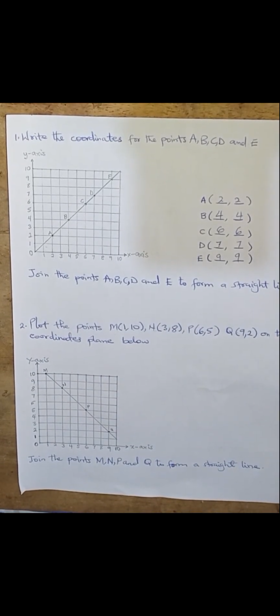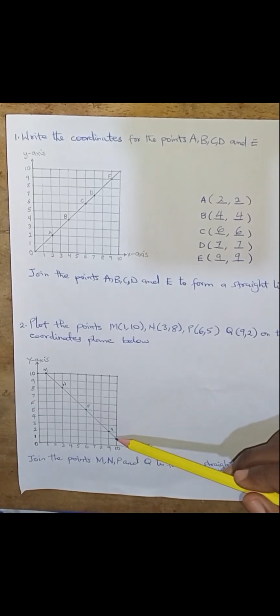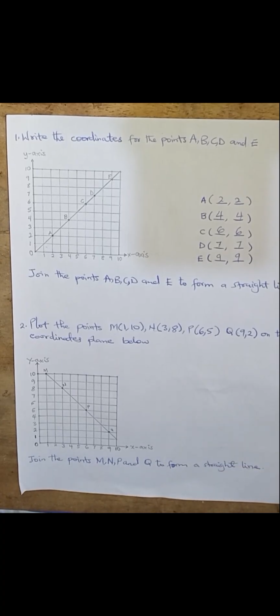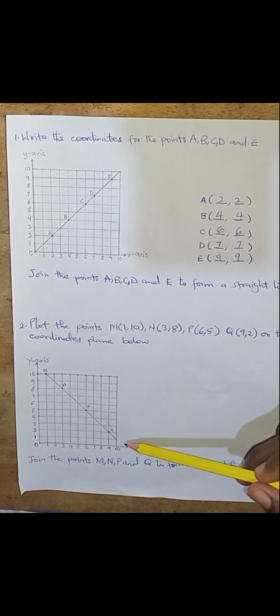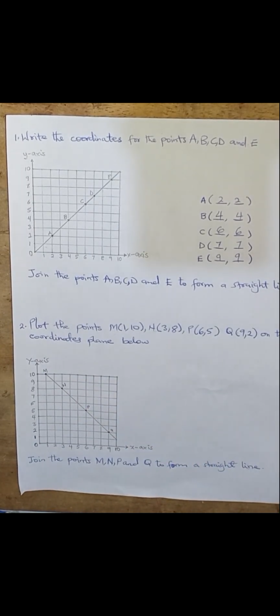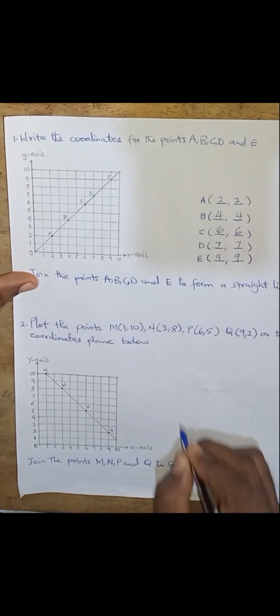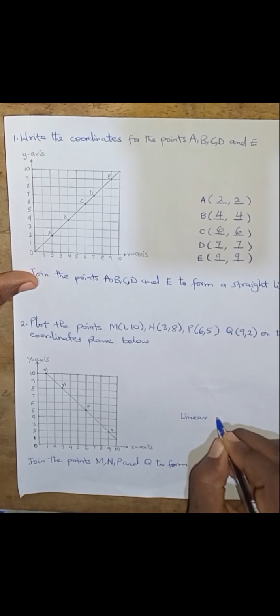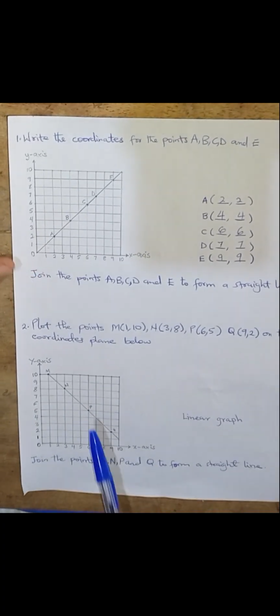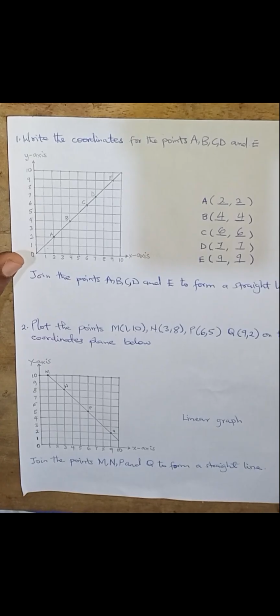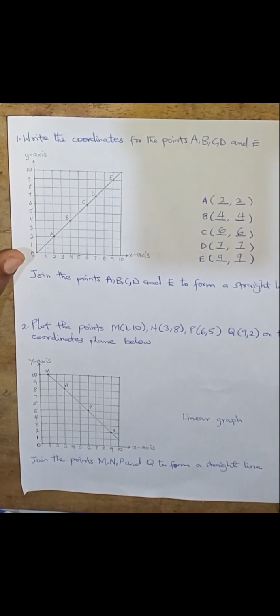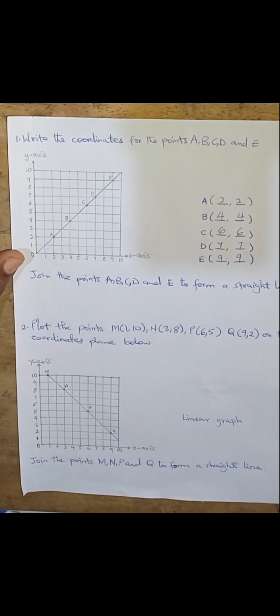And it is also called a linear graph because the line obtained by joining the points is a straight line, and therefore it is called a linear graph. Specifically, this is a linear graph because the plotted points follow a straight path.